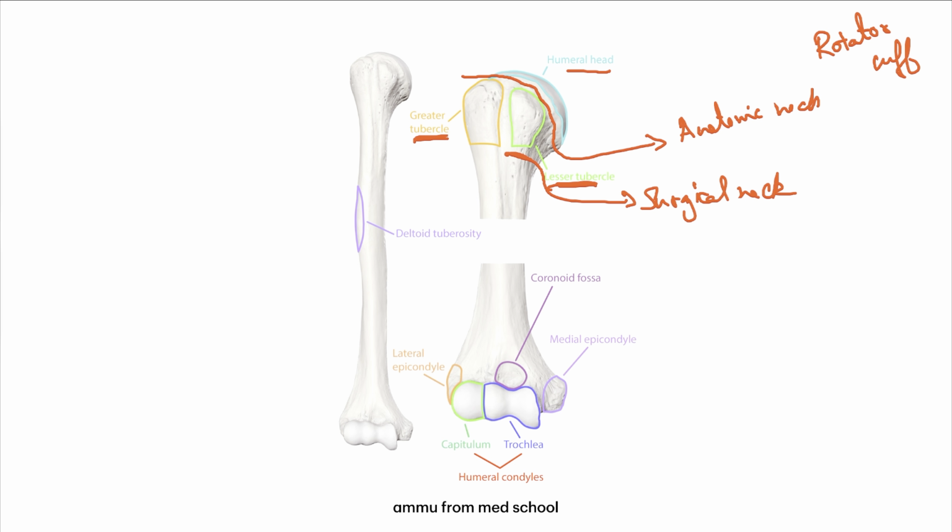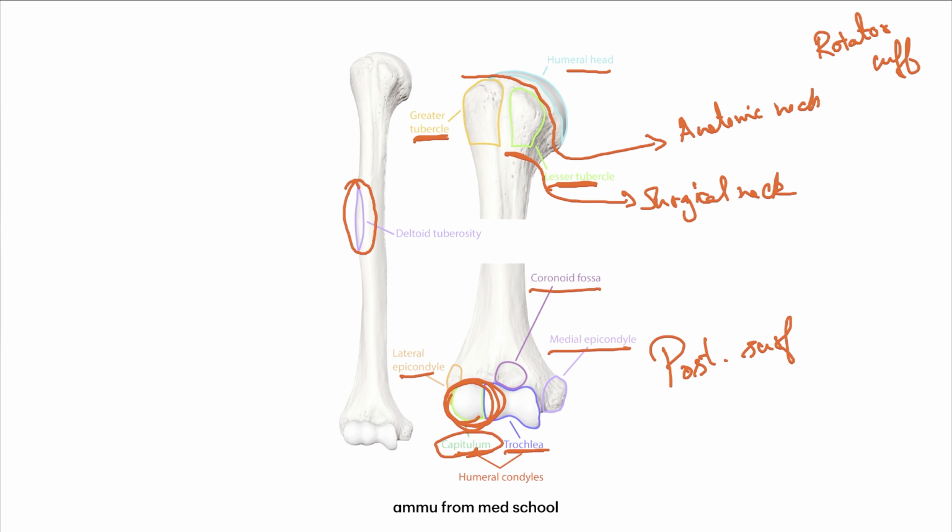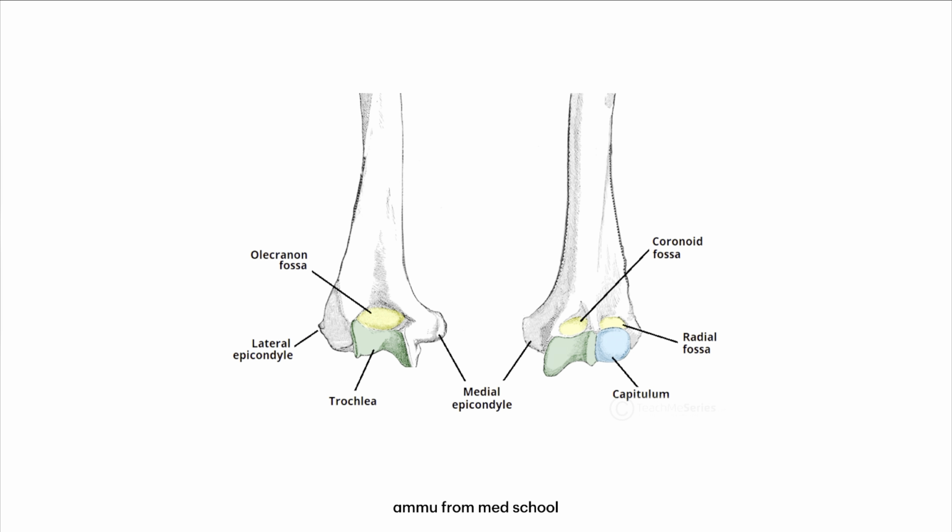Now coming to the shaft, you have the deltoid tuberosity, and coming to the distal end, you have the trochlea, capitulum, medial epicondyle, lateral epicondyle, and coronoid fossa. If you see the capitulum at the distal end of the humerus, you have to understand that this is the anterior surface. Now this is the olecranon fossa and this is the trochlea.